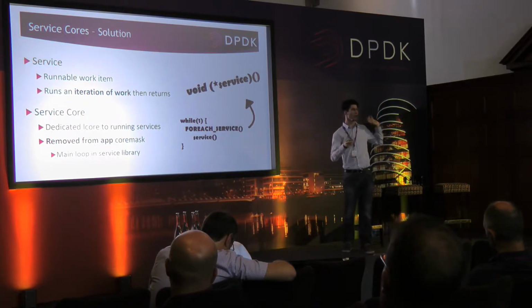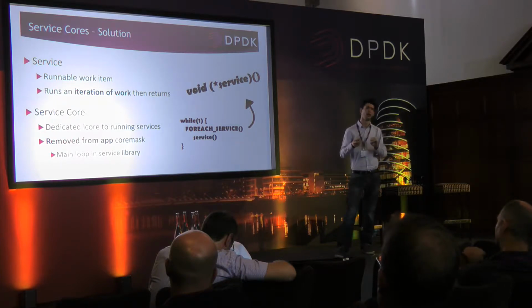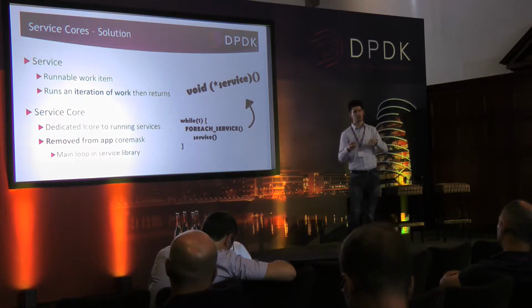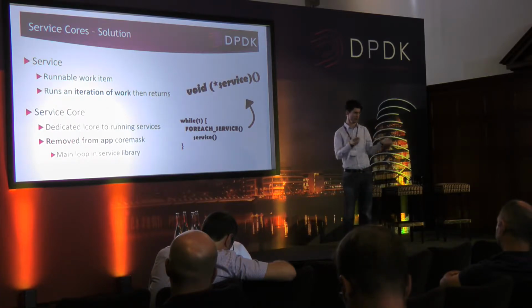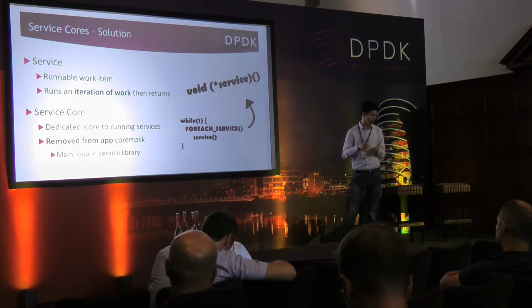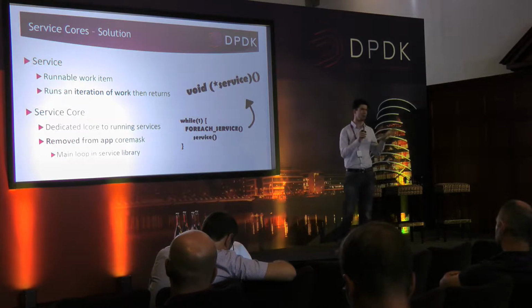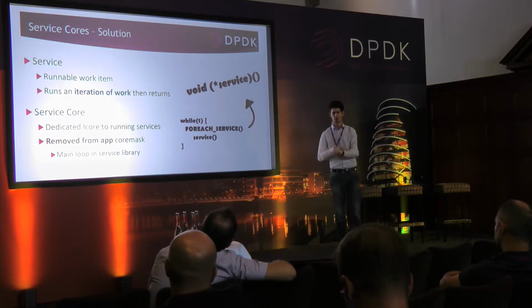So we're stealing one L core from EAL, or rather, from the application. At EAL initialization time, if we require service cores to be enabled, we take an L core or multiple L cores depending on the EAL arguments passed, and there's APIs for all of this stuff. I'll talk more about that in a second. And we make that L core available to run functions.